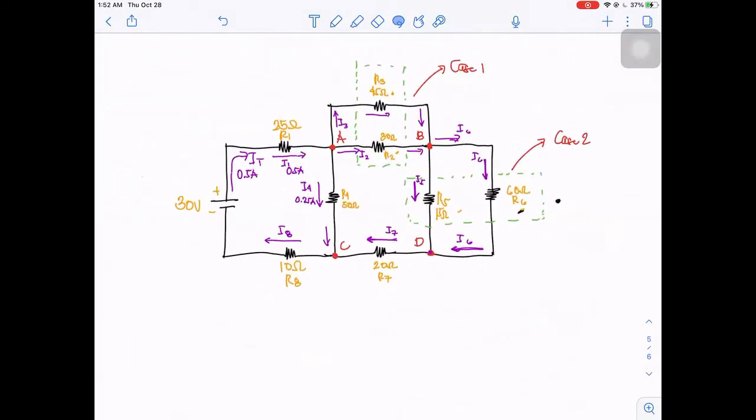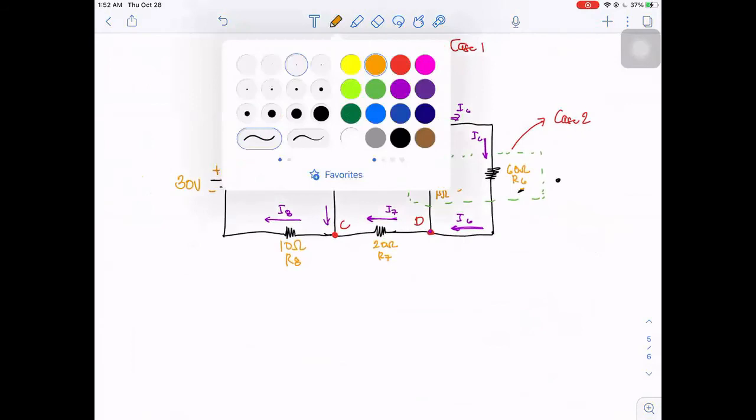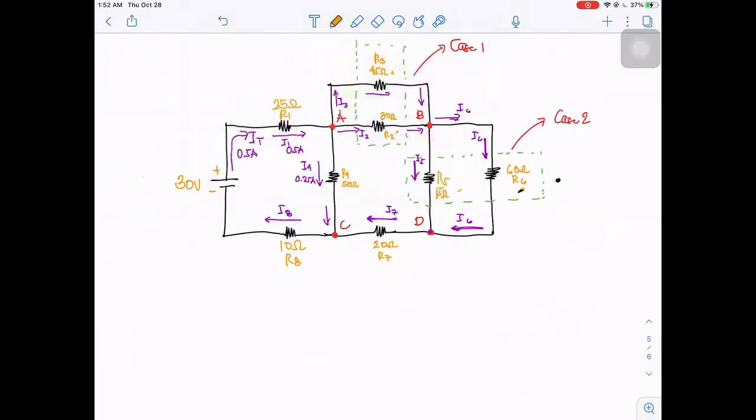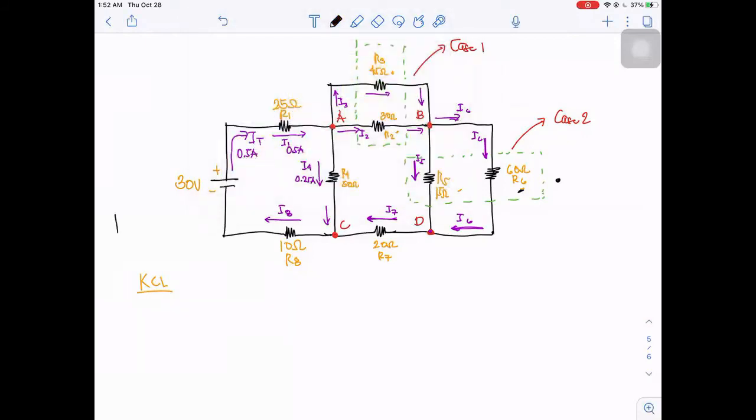Okay. So let's check, looking at point A. So using KCL. According to Kirchhoff's current law, the current entering is equal to the current leaving, or I input is equivalent to I out.